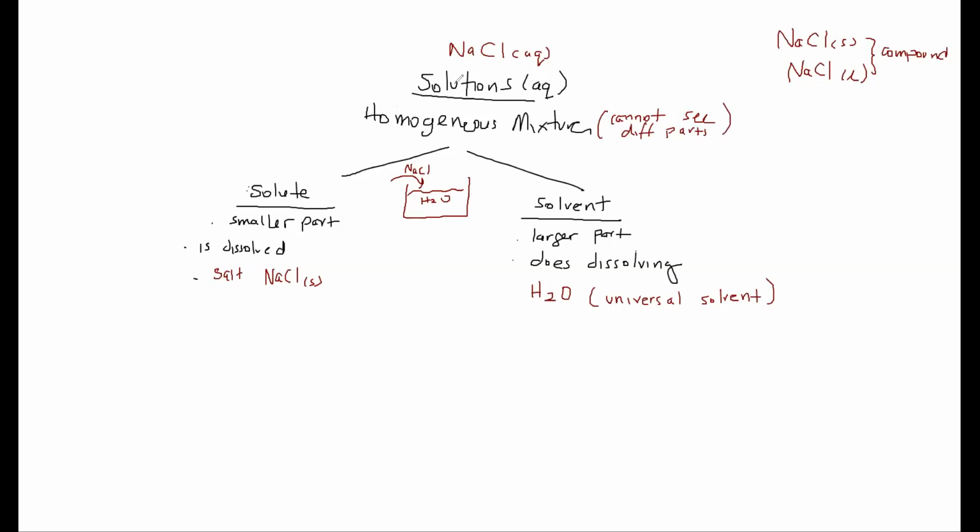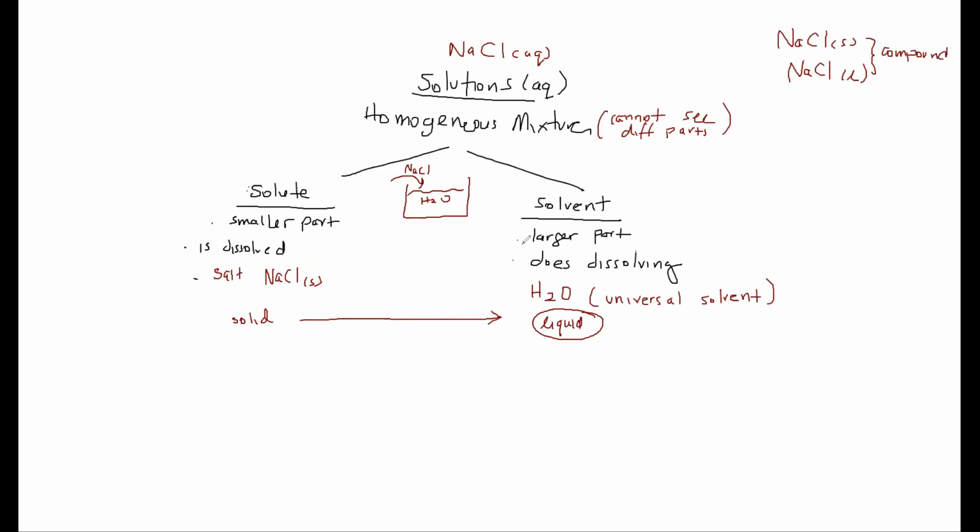Now we can have different types of mixtures. We can have, let's say, a solid into a liquid. The solution is always going to take the phase of the solvent. So when I add salt into liquid water, the phase of the solution is going to be liquid.